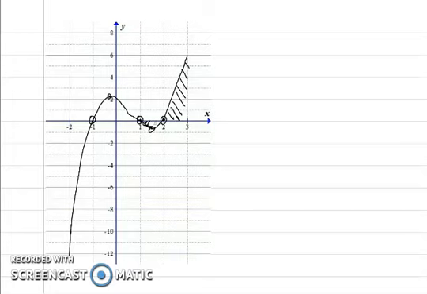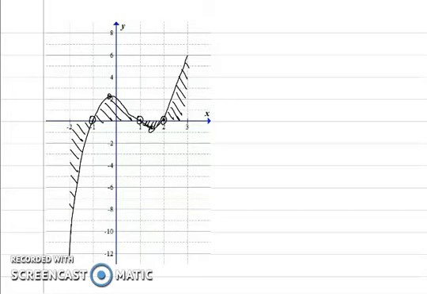This is the area between the curve and the x-axis, and this, and this. And of course, we're talking about the area between the curve, the x-axis, and x equal to -2, and x equal to 3.